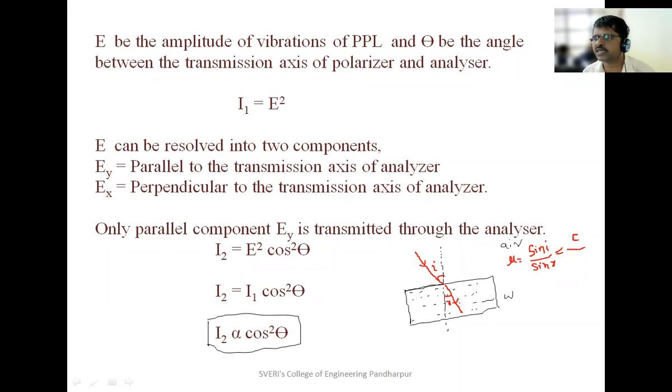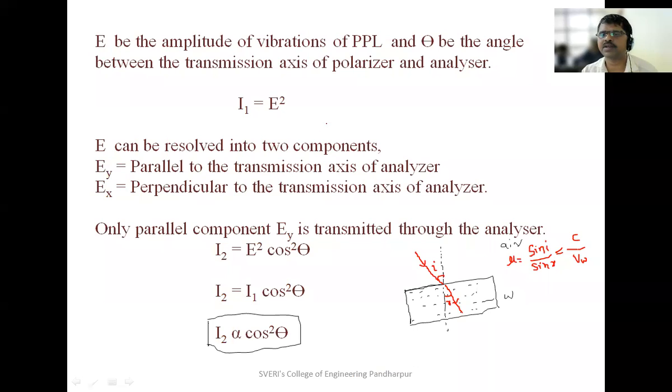Velocity of light in air or vacuum divided by velocity of light in which medium? This medium is water. Velocity of light in vacuum divided by velocity of light in a water medium. The refractive index is calculated by these two formulas. First one is sine of i upon sine of r. Second formula is c upon Vw. Vw means velocity of light in a water medium.